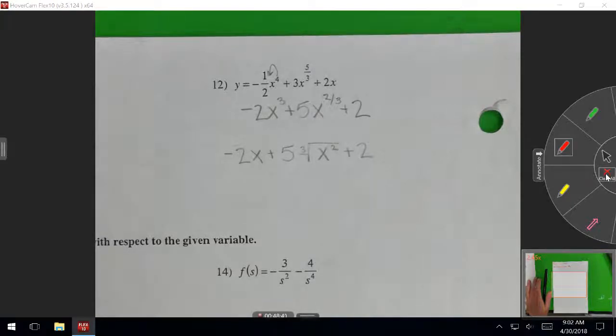Thank you. Continue. 4 times the -1/2 is -2, and then the 4 minus 1 is 3, and then you do the 5/3 times 3 is 5, and then x, or 5/3 minus 1 is 2/3, and then 1 times 2 is 2.